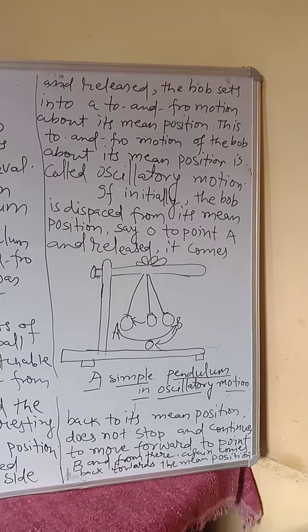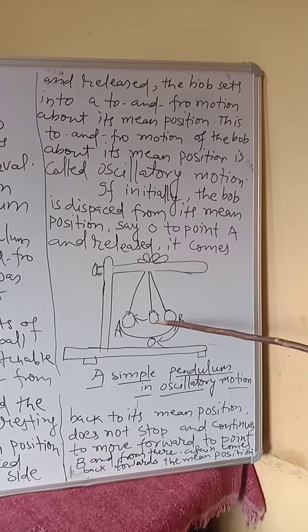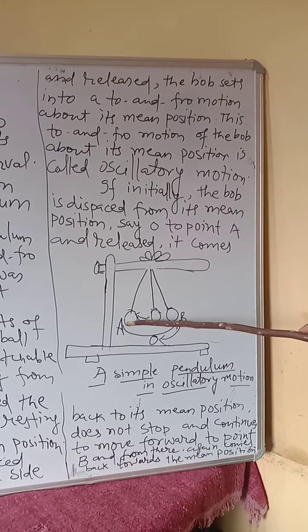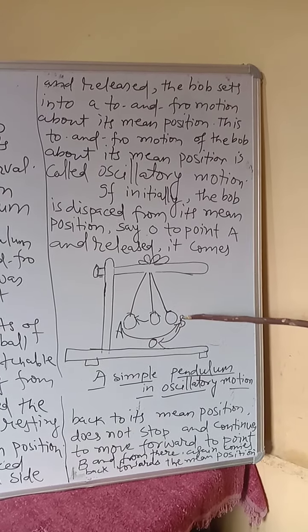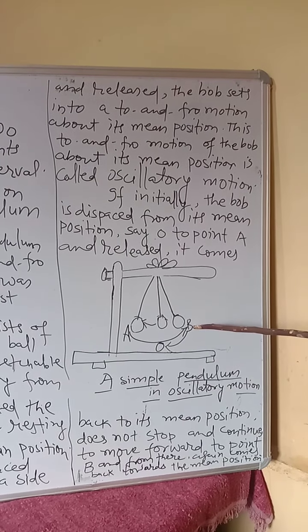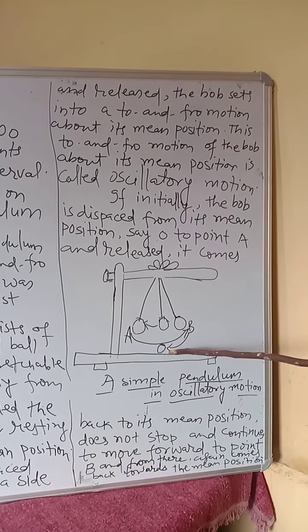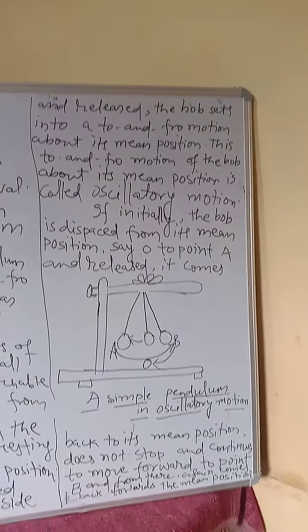Just see in the rough diagram I have shown, from point A to point B, and again from point B back to point O, that is the mean position. You can see there.